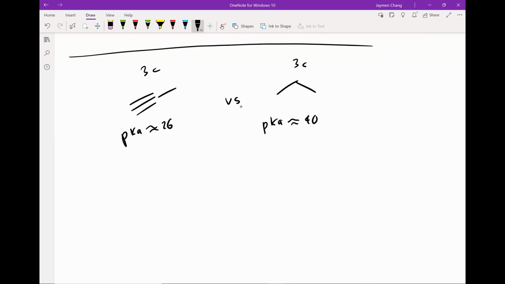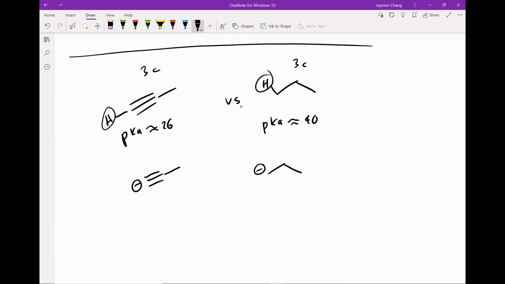So what we're going to do again is take off the proton. And so we take this off, and then we have a negative charge here. This negative, and we have a negative like this.